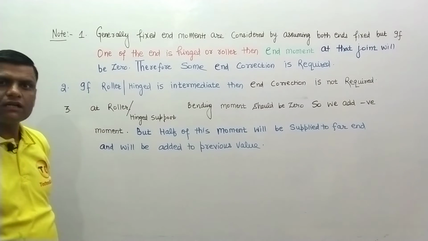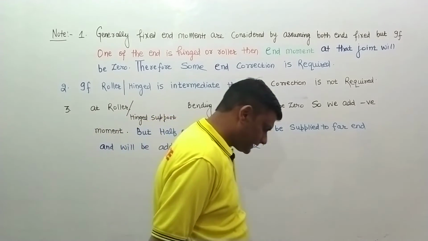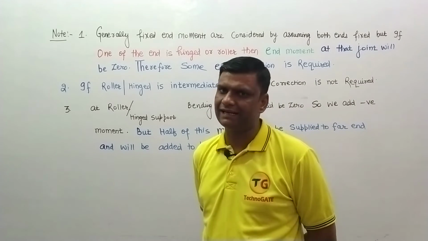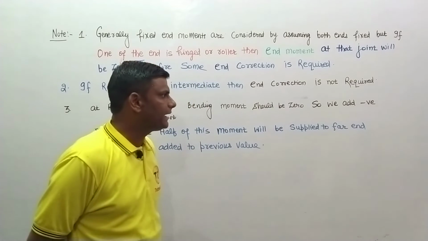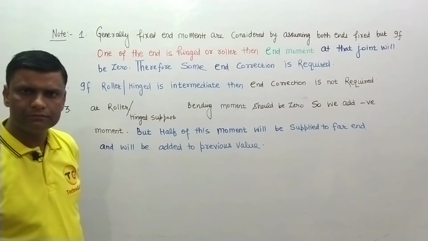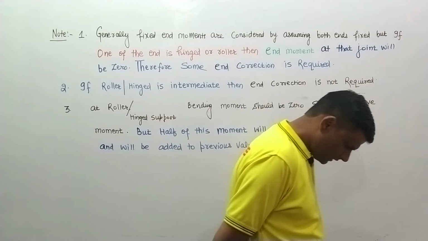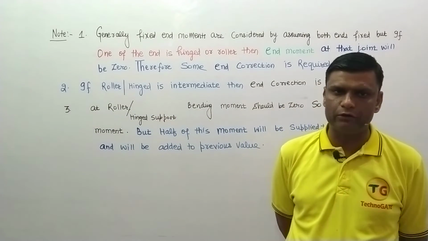These are the important notes about the moment distribution method. Generally, the fixed end moments are considered only at the fixed ends. If one of the ends is hinged, then end correction is required. At a roller or hinged support, the bending moment should be equal to 0, and if it's not 0, we have to add some negative moment.